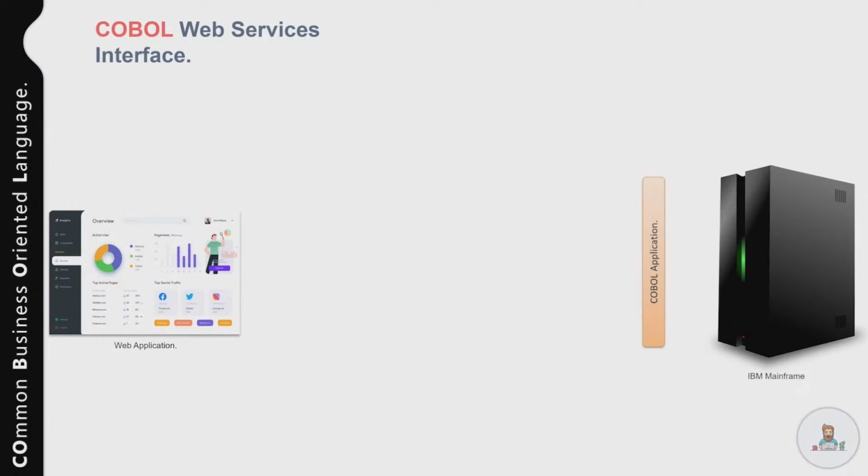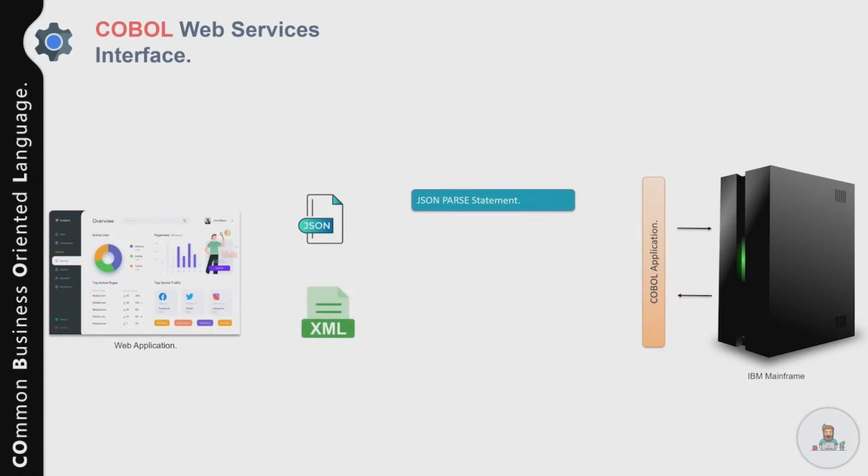Now, if you look at the diagram, you can clearly understand that on one side you have a web application, which is hosted on a non-mainframe platform, and on the other side you have a COBOL application, which is hosted on IBM mainframe. First of all, let's say our web application is communicating with the COBOL application in a JSON format. So in this case, you can use two separate COBOL statements.